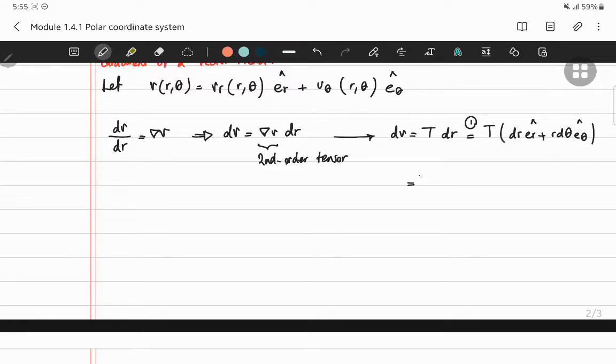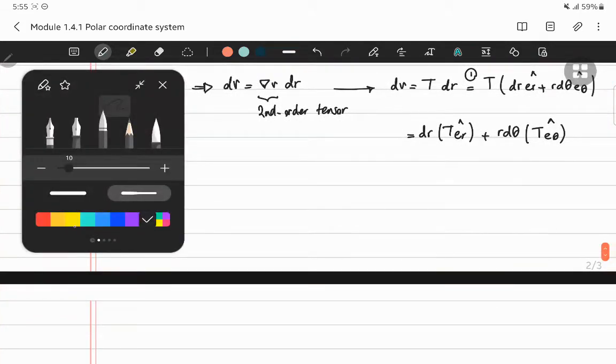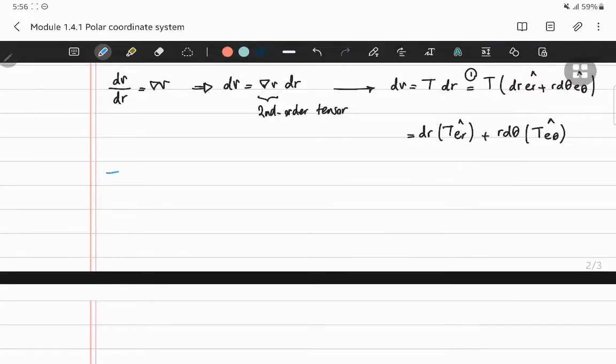So this is equal to dr T er plus r d theta T e theta, because these are all scalars. And if you recall from the very first sessions here, we had T e_i was equal to T_ji e_j. So here we have T er.